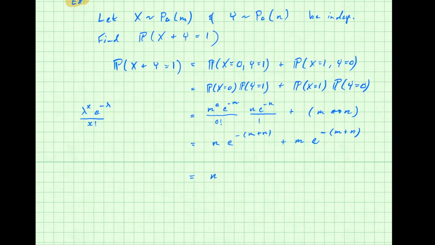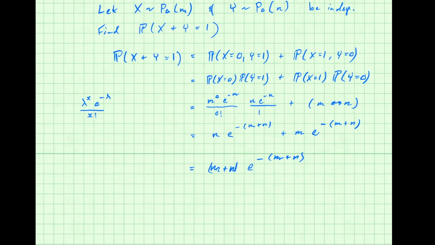So we get m plus n, e to the minus m plus n. Yeah? All right. Okay, so that was just our little test draft. And I think the example in the notes actually asks you for different numbers there. But I thought it would be fun to just do it symbolically.